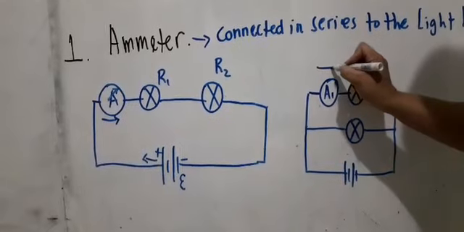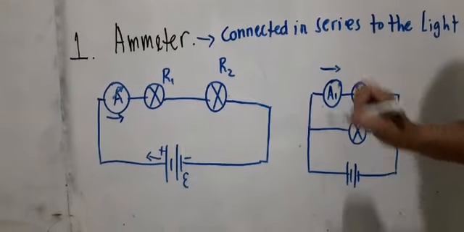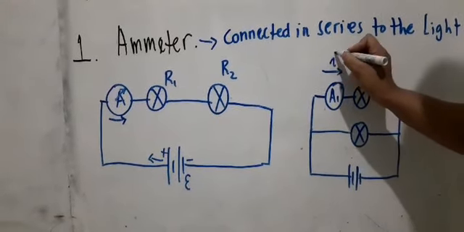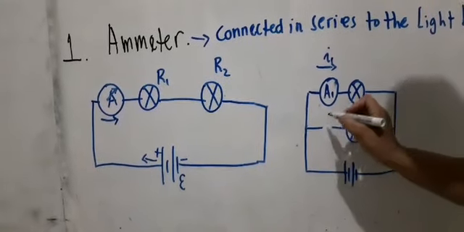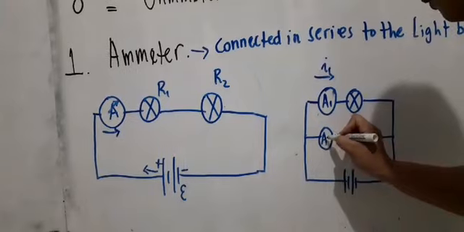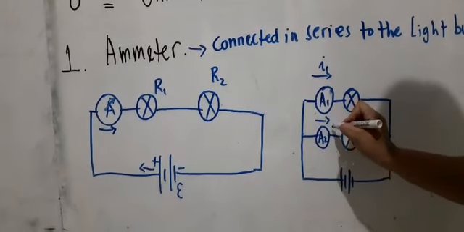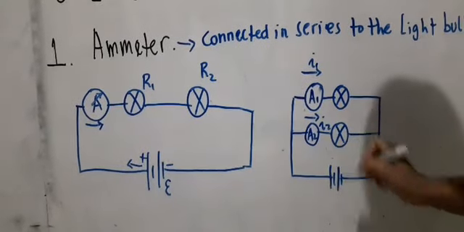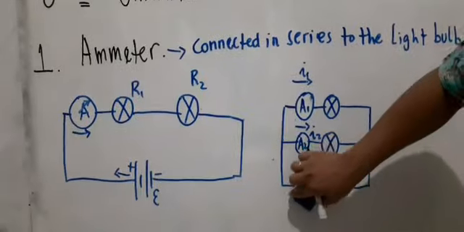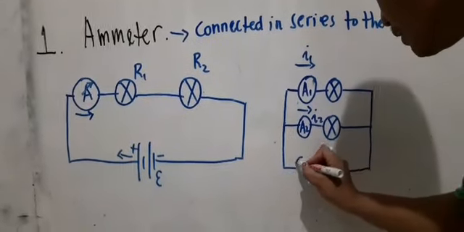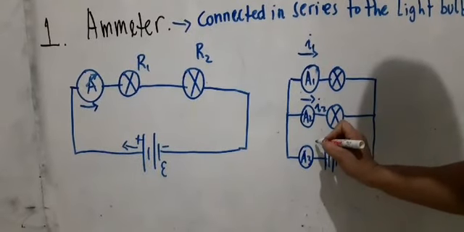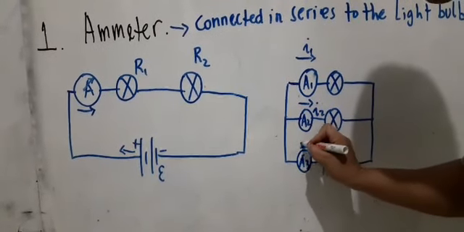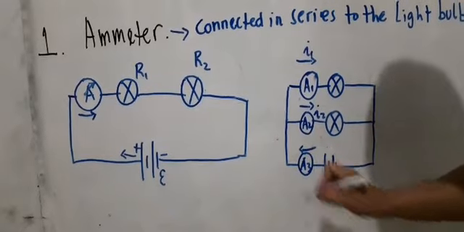Then you can get the result, the current I1, and also you can insert an ammeter in here, A2, to measure the current that flows, let's say I2. You can also find the current in here, let's say this one is A3, the current that flows through A3.